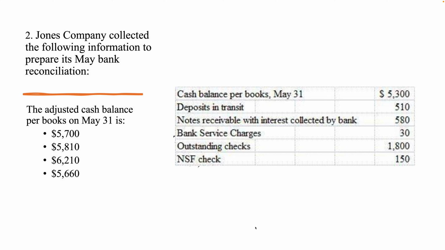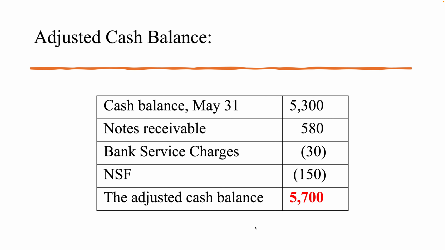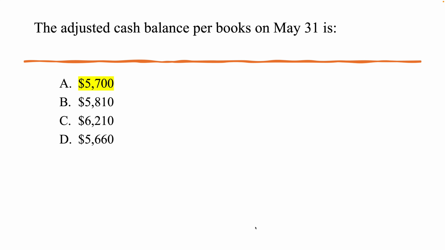So the ending balance of $5,300 is added to the note receivable collected by the bank, $580, and we subtract the bank service charge, $30, and the non-sufficient fund check, $150. So the adjusted cash balance per books is $5,700. So the correct answer is A.